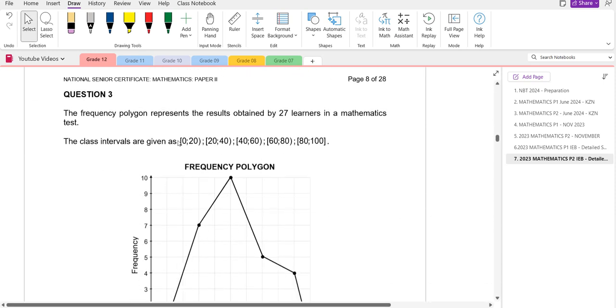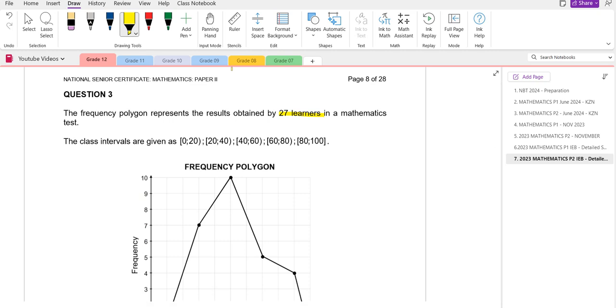Question 3. The frequency polygon represents the results obtained by 27 learners in a mathematics test. These are the class intervals.